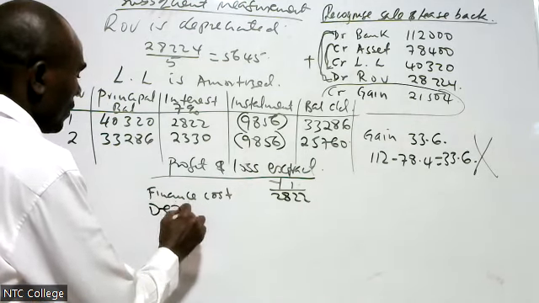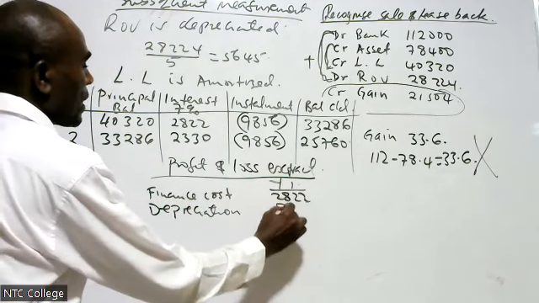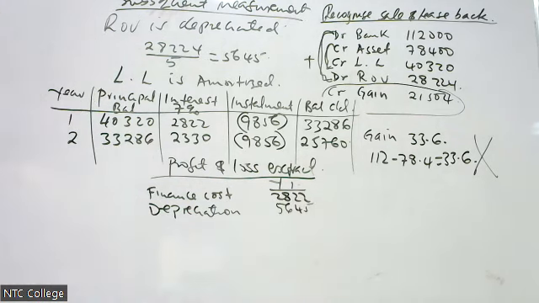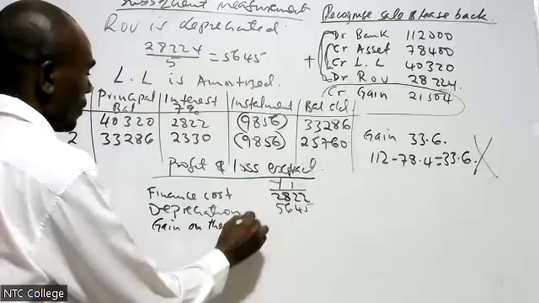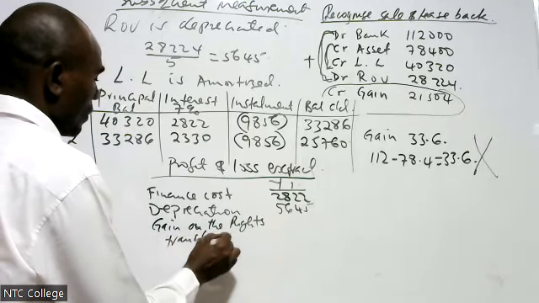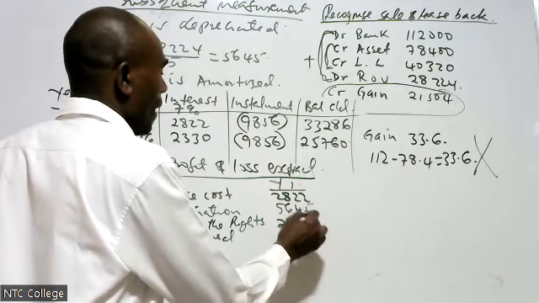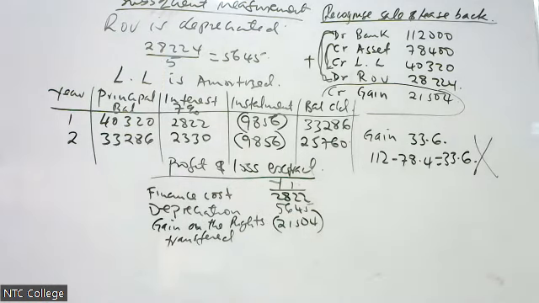Then depreciation is 5,645. Then I report the gain on the rights transferred to the buyer of 544. I put it in brackets because it's a credit balance.